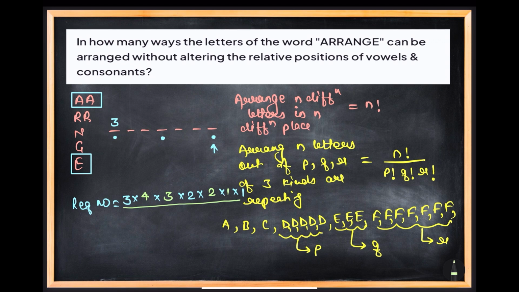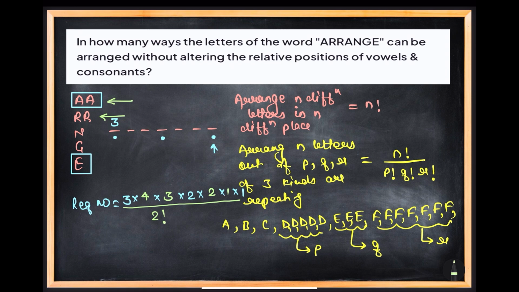Now if you observe, we have A twice and R twice. Among all these letters, A is repeated twice and R is repeated twice. So for A, because it is repeated twice, you have to divide the number of arrangements by 2 factorial.